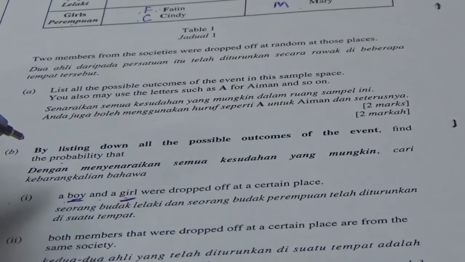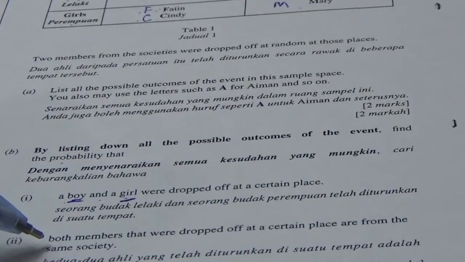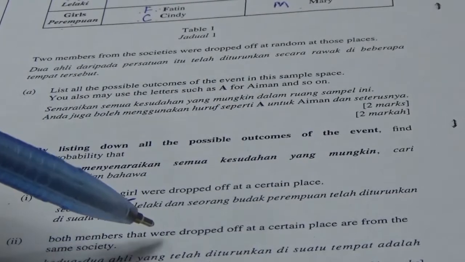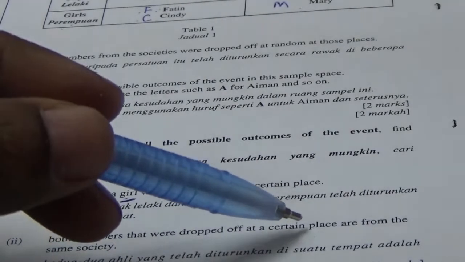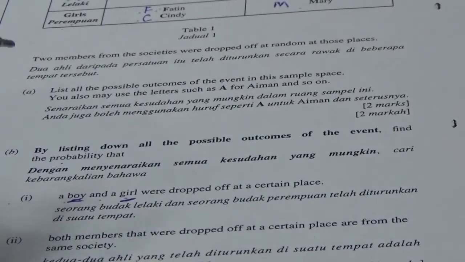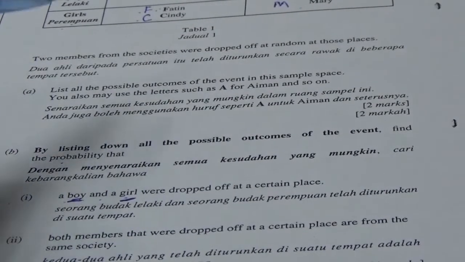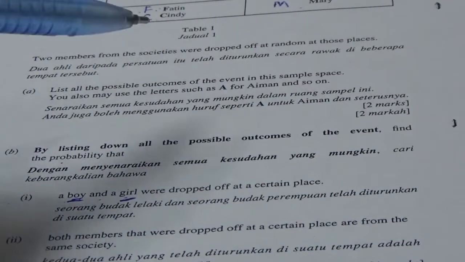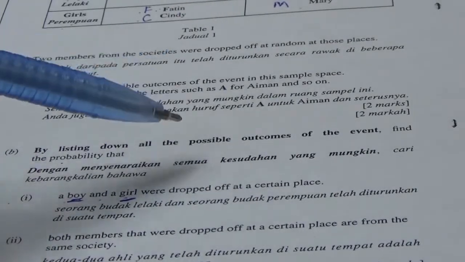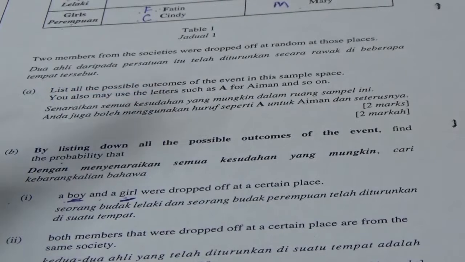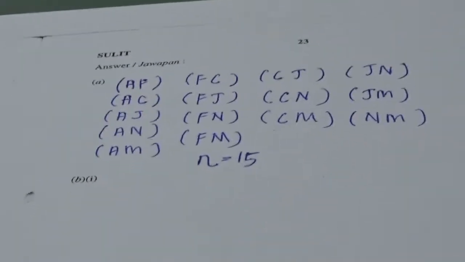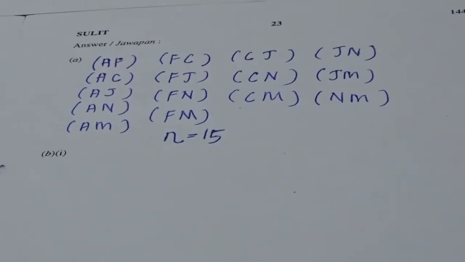It has to be a combination of a boy and a girl. And part 2, you have to find the probability that both members dropped off at a certain place are from the same society, meaning that if you choose from Red Crescent, it must be both members from Red Crescent or both members must be from St. John Society.